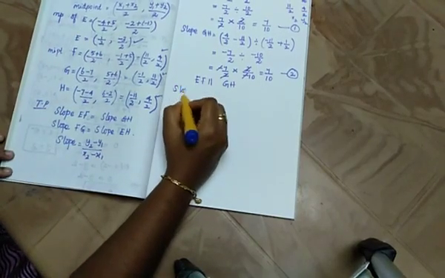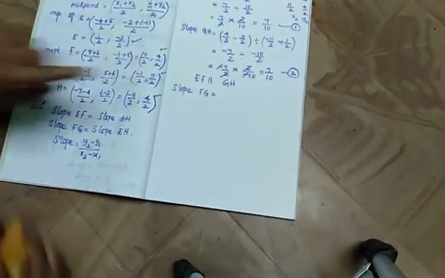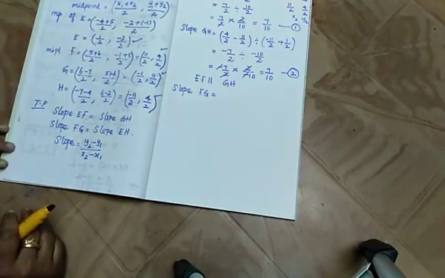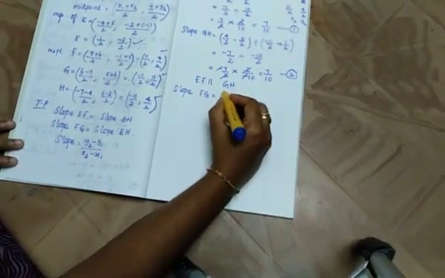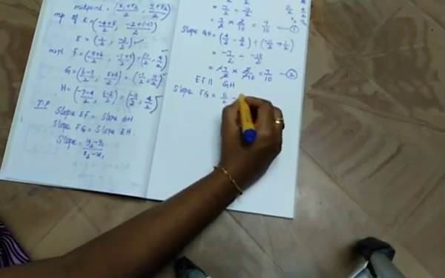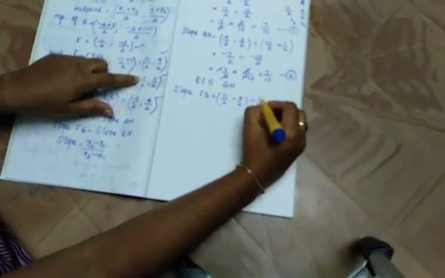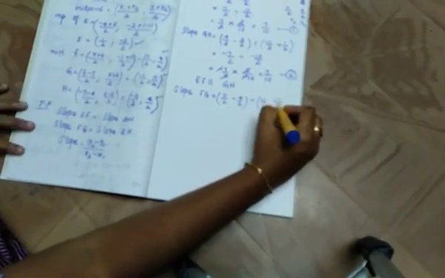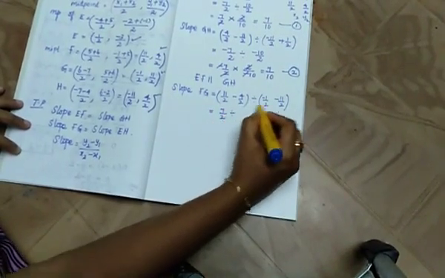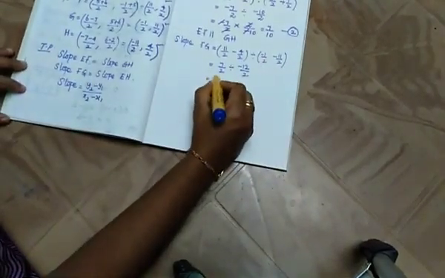So now slope FG. So F and G. Yes or no? F and G. x1, y1, x2, y2. 11 by 2 minus 4 by 2, divided by minus 1 by 2 minus 11 by 2. 11 minus 4, 7 by 2, divided by minus 12 by 2, which is equal to 7 by 2.